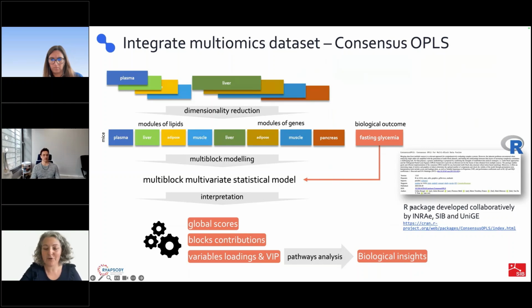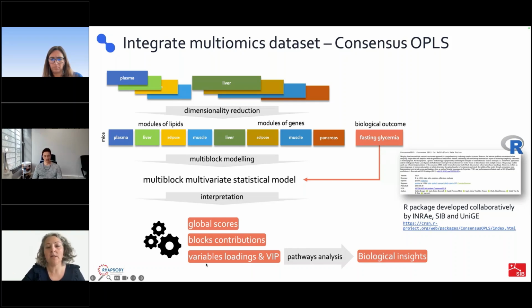I saw Céline also in the audience there, and the SIB, my colleague Vanu, who will talk later on with Céline, developed this package. And then with all the scores, as before, the variable loadings and VIP and the contribution of blocks, you can interpret your model.